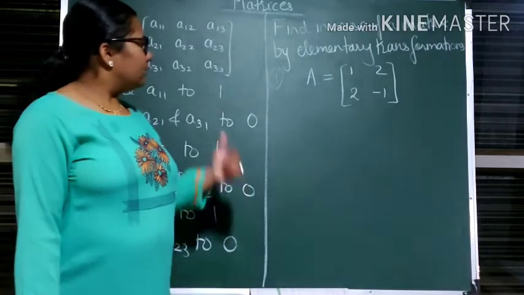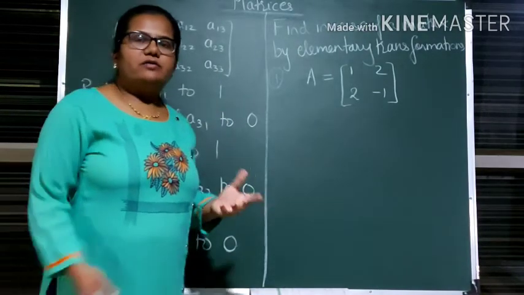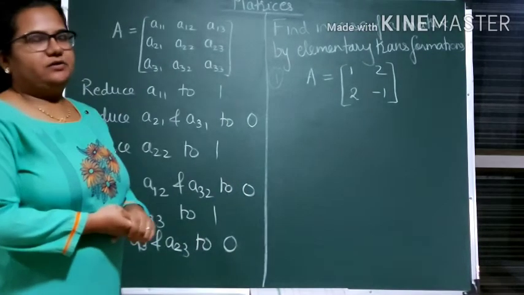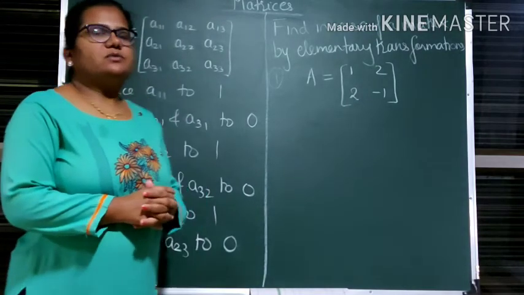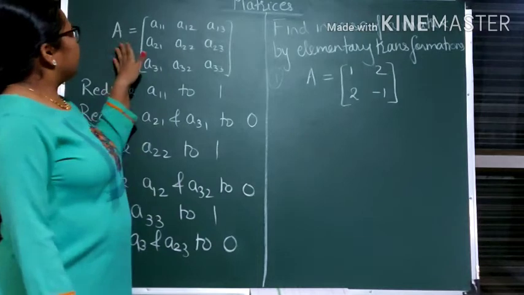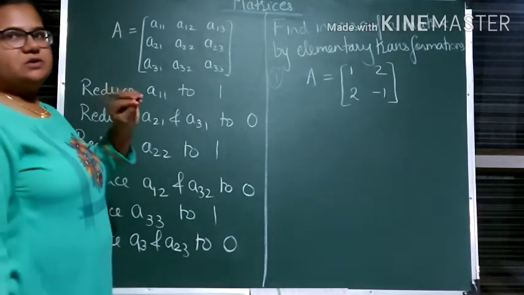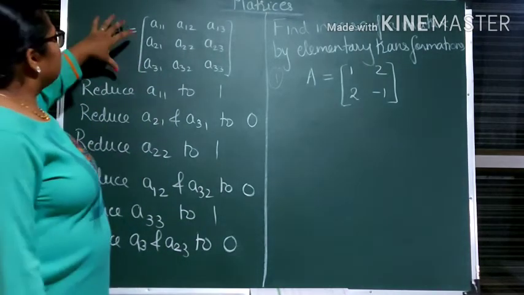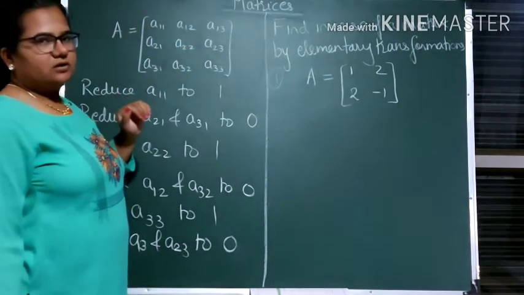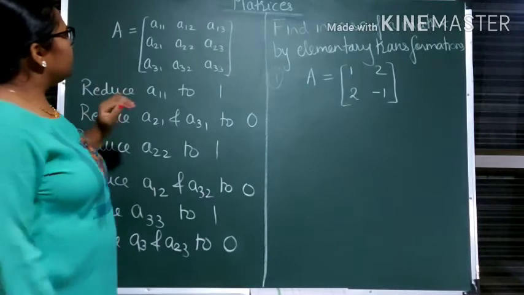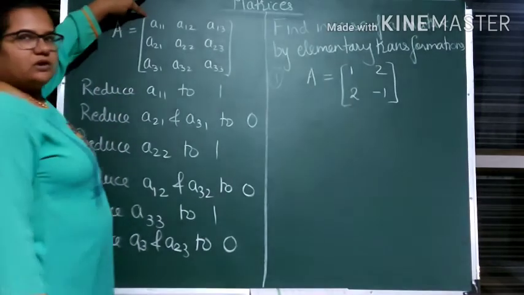So now you have seen how we find the inverse of a matrix by elementary transformations, either row transformations or column transformations. Now I will just give you a hint how you can convert it to an identity matrix. You have matrix A, A11, A12 like this, it is an order 3 matrix. What you are supposed to do here is convert this element A11 to 1.